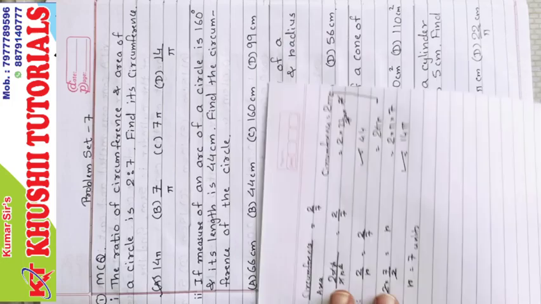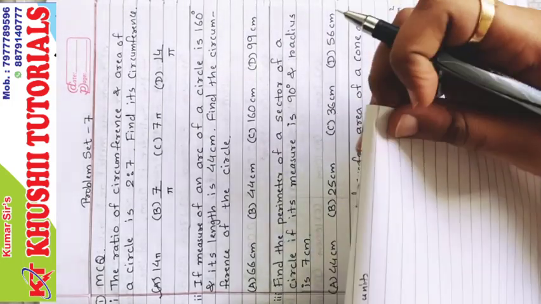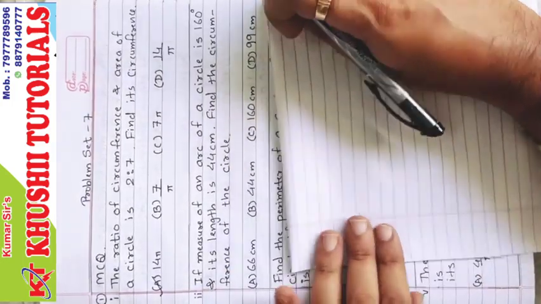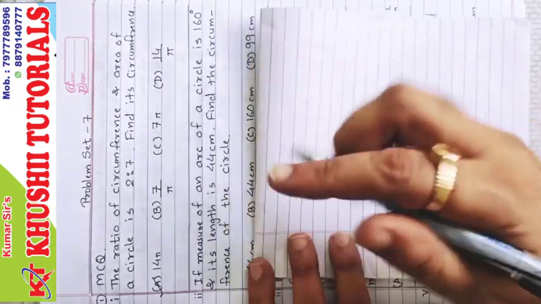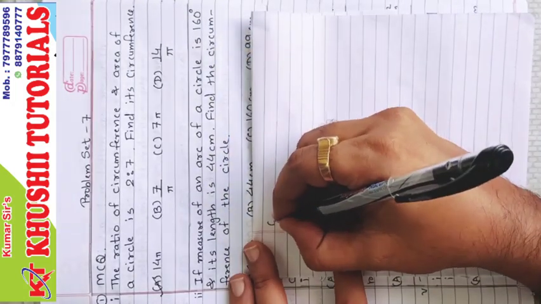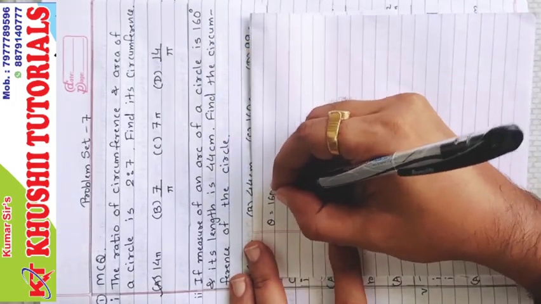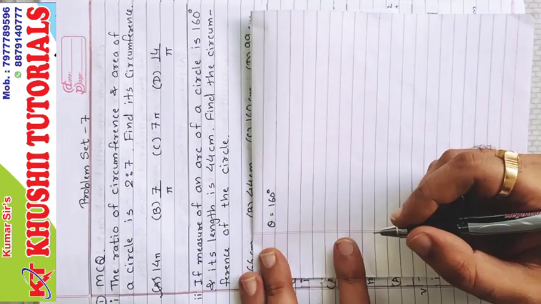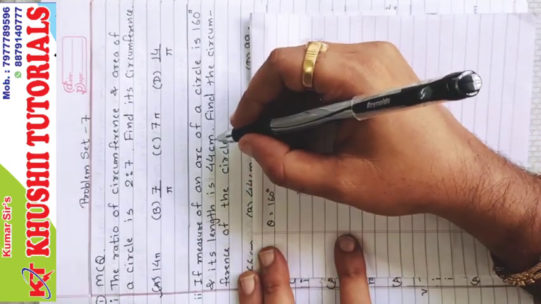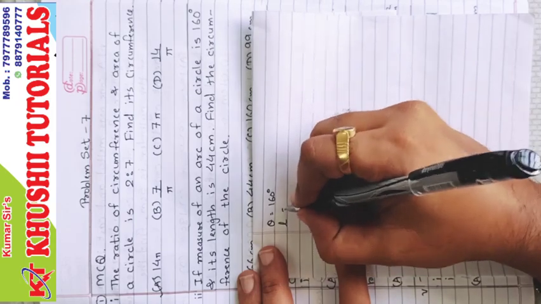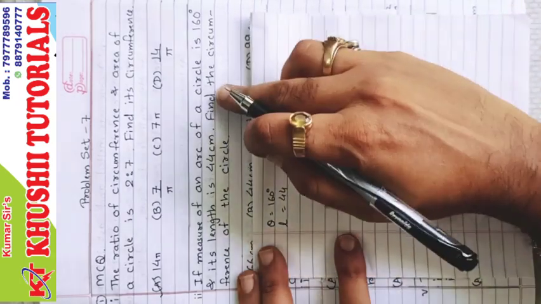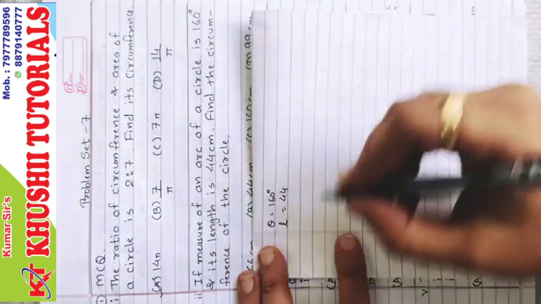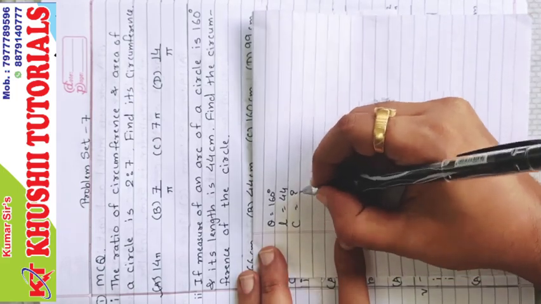Now second, if the measure of an arc of a circle is 160 degree, that is theta, theta is 160 degree. Its length is 44 centimeter. The length of arc L is 44 centimeter. Find the circumference of the circle. Circumference is the question mark.